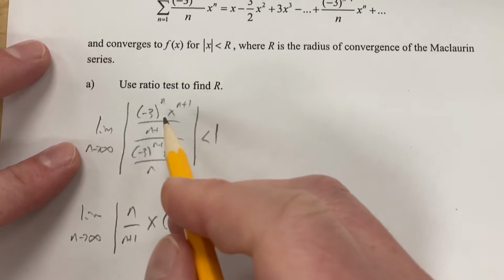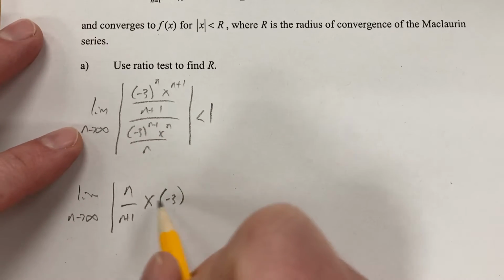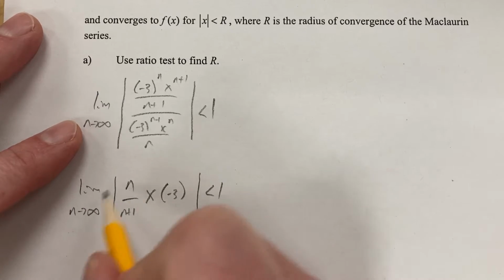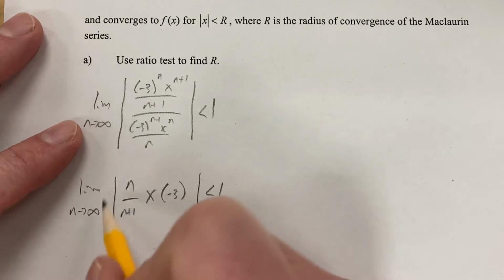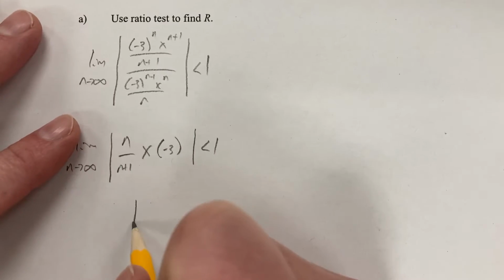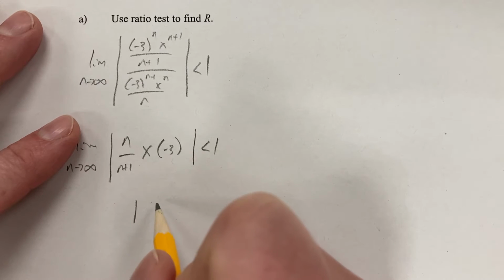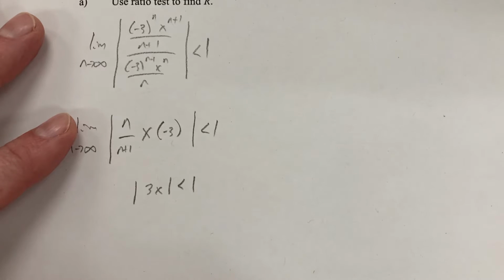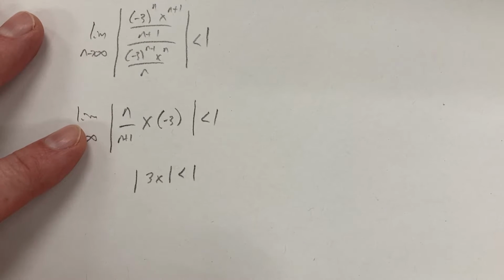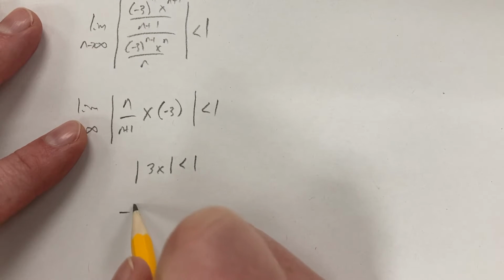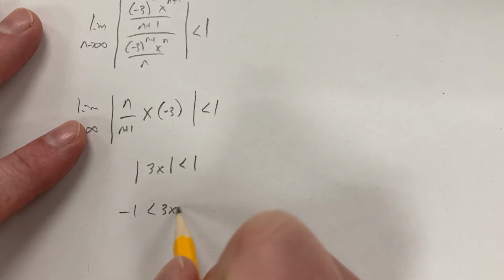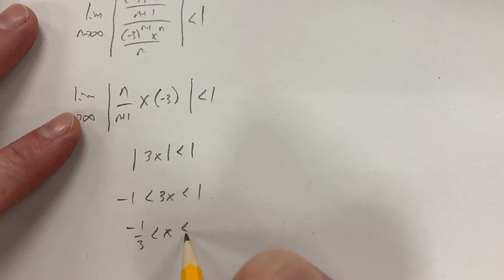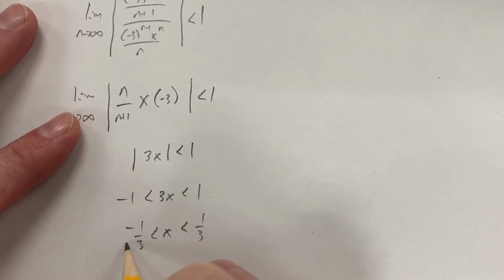Okay, so this is what we're going to end up with right here, right? And the limit as this goes to infinity ends up being 1, so really it's the absolute value, and because it's absolute value, that doesn't matter so much. We end up with the absolute value of 3x less than 1. So if I divide, I get x between -1/3 and 1/3.